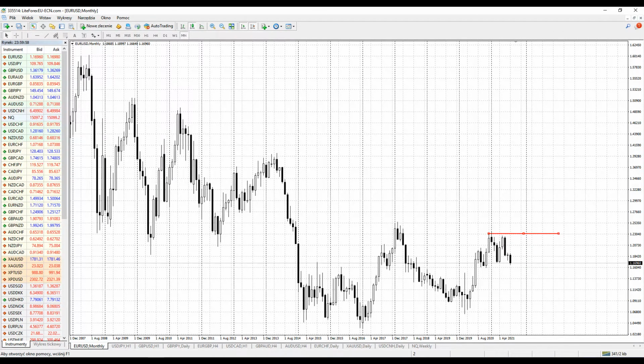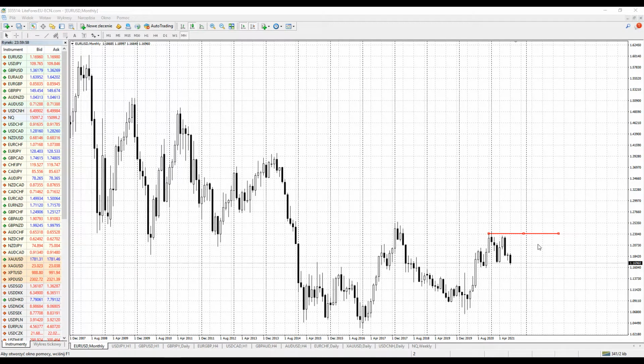We reacted lately within the previous supply zone over here, and since then we haven't quite retested the levels we are talking about.